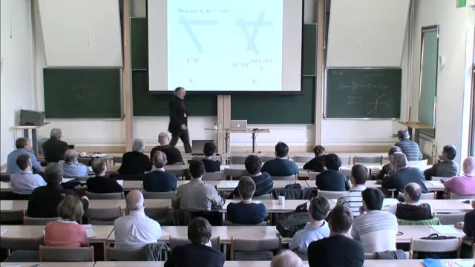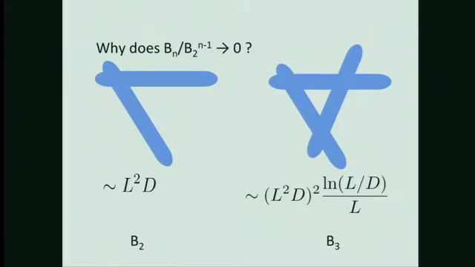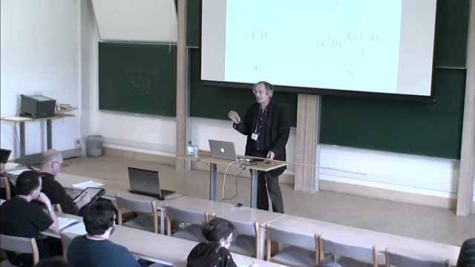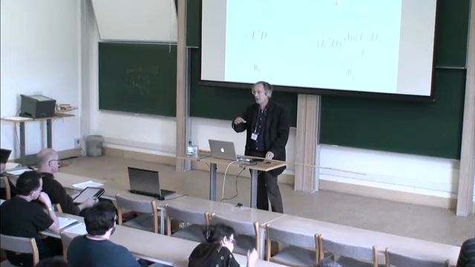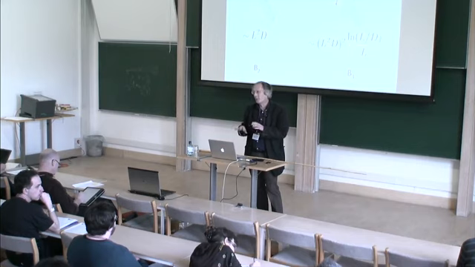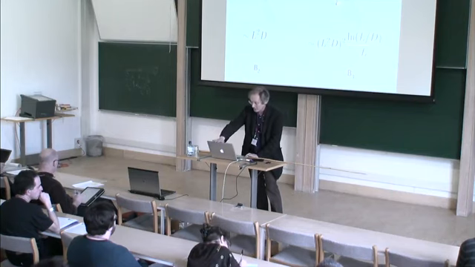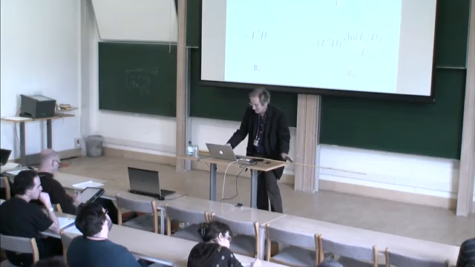So if you look at all the possible orientations, you get the correction to this vector L squared d that is of order log L over L. And for sufficiently large L, that goes to 0. So again, this is not a proof, but that same argument holds for all higher virial coefficients too, even though I guess nobody has really looked at all possible diagrams to check whether that really is correct.